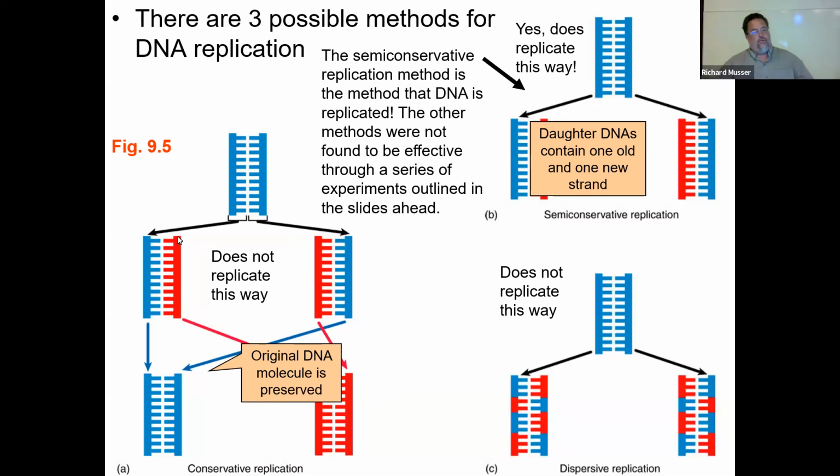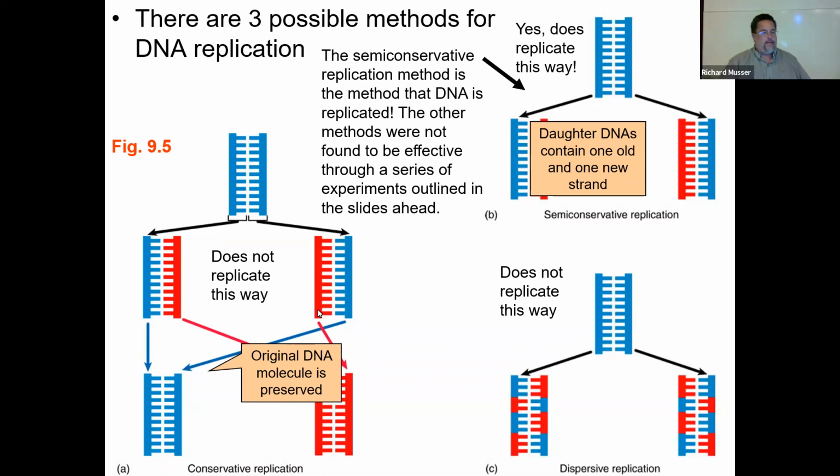And then we unzip it, take the Velcro and pull it apart, put the new nucleotides from the nucleus that are floating around in, and then cut that piece off and stick it together and then put these pieces back together. So this would be the original and this would be the new. That was one idea that took place, and that idea was called conservative replication.